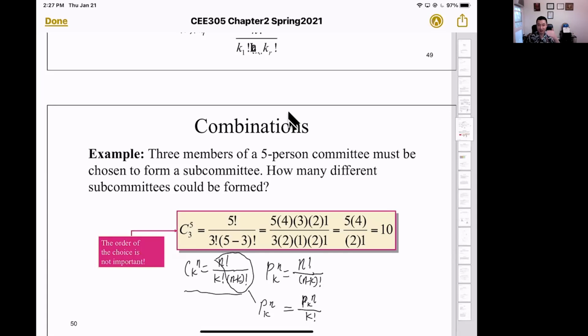From here we can see P(n,k) will be larger than C(n,k). So when order matters, we use P(n,k), and the possible outcomes will be more than C(n,k).